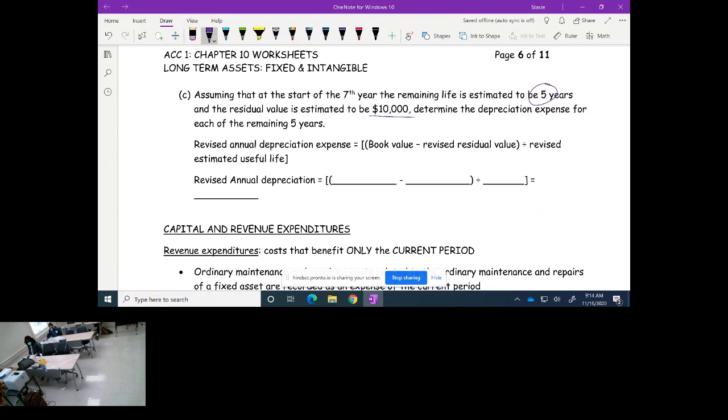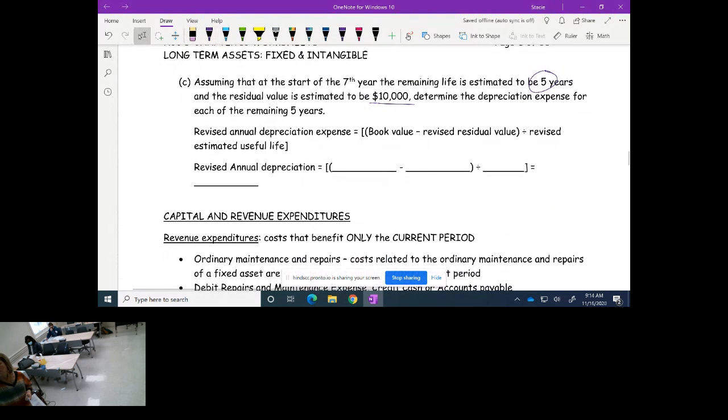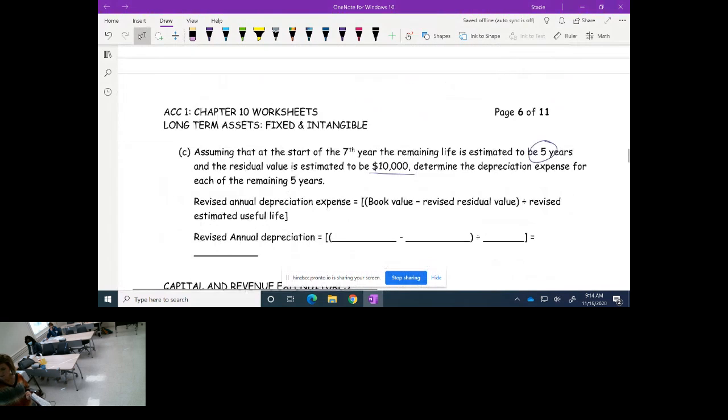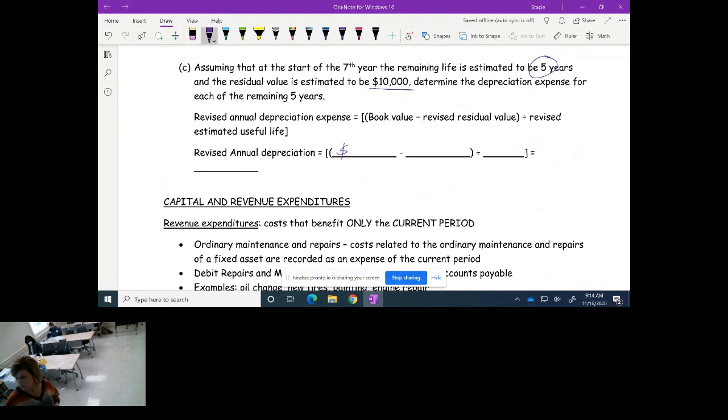So we've got to see how much depreciation we need to expense every year for the remaining life of this thing. Okay, so revised annual depreciation will take our book value, which we just calculated, 37.6, and we'll subtract out our revised residual number. Then we'll divide that by the revised estimated useful life of 5 years.